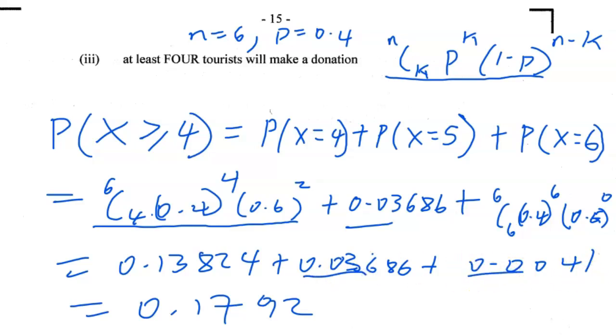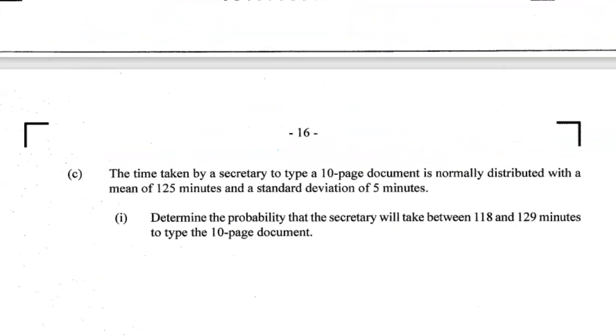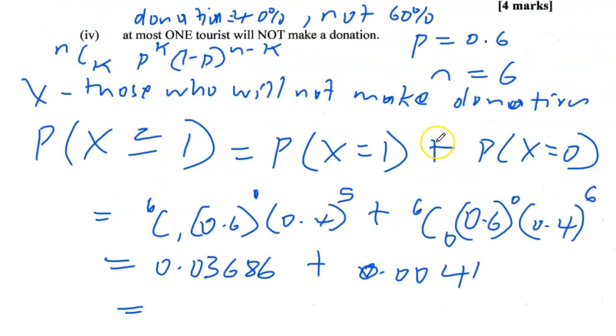Saying that one person does not make a donation is the same thing as saying 5 persons make a donation. Anyway, we add these two values and we get 0.04096.